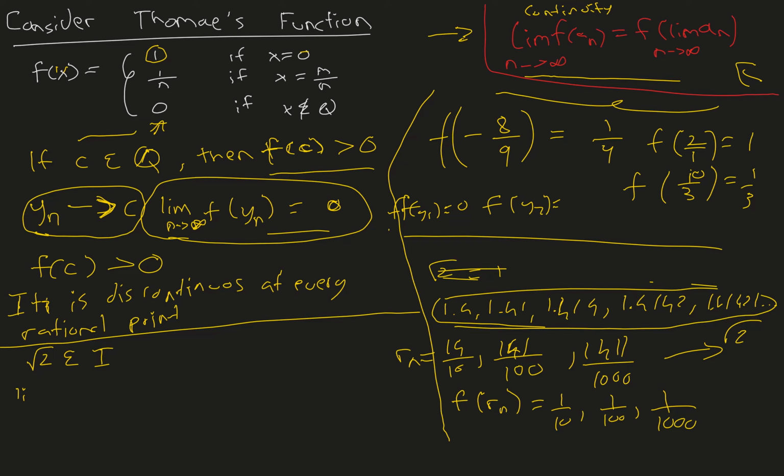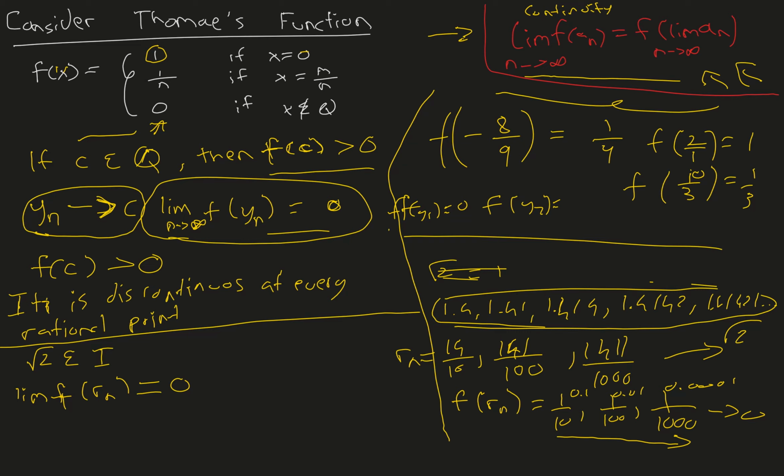The sequence f of Rn is 0.1, 0.01, 0.001, becoming smaller and smaller, so it tends to 0. So the limit of f of Rn is equal to 0.